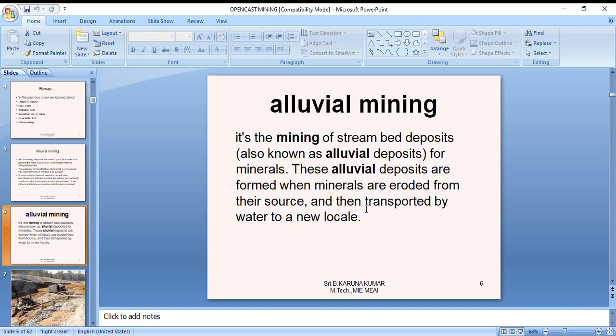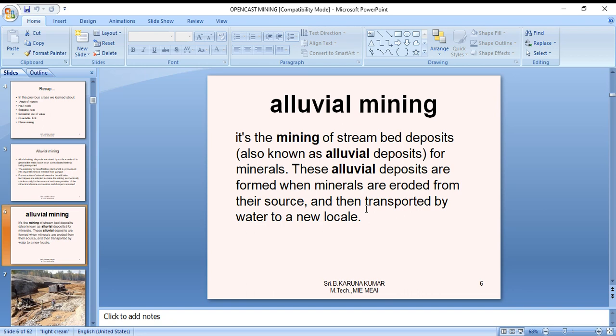These alluvial deposits are formed when minerals are eroded from their sources and then transported by water to a new location. So the formation is in one area, transport happens, and deposition is in another area. These activities are identified by the geologist, and once the deposits are identified, the mining operation starts.